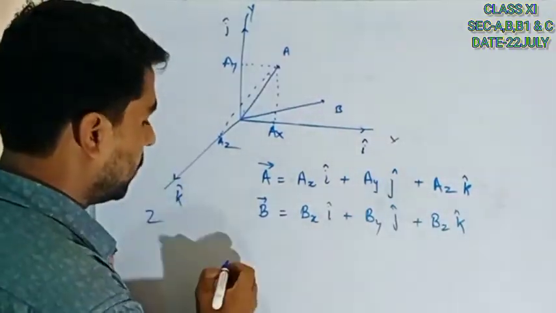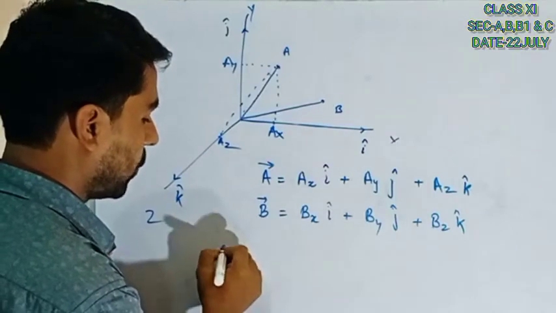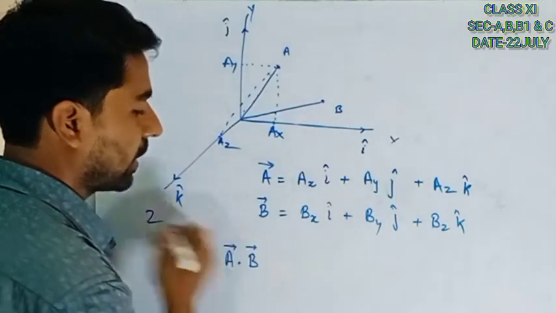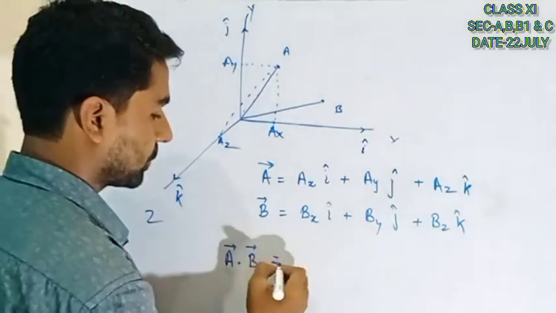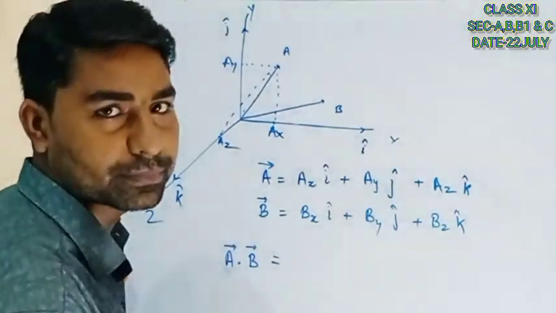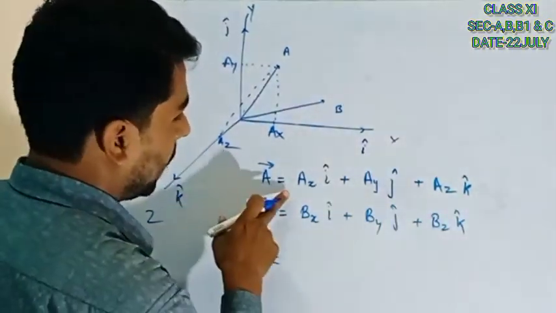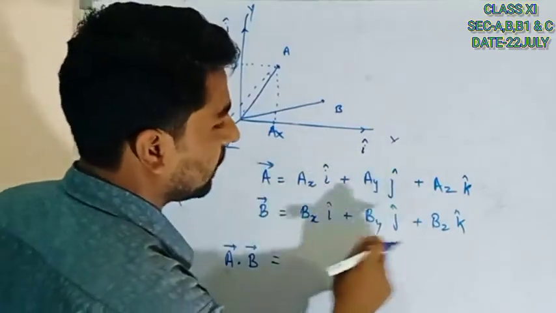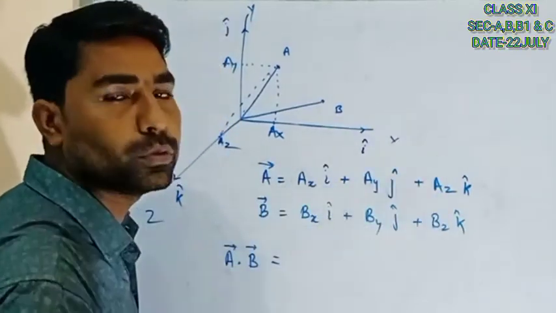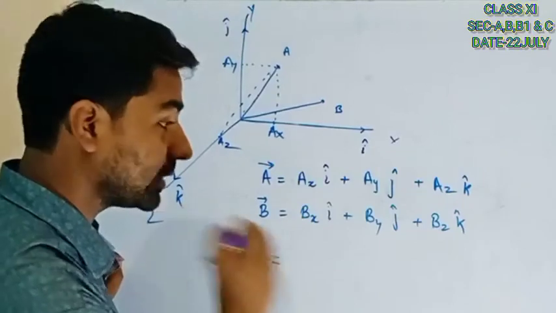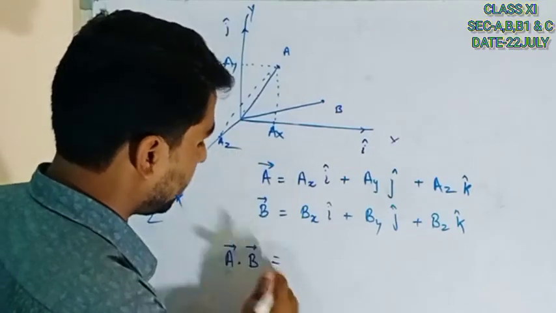So let's multiply vector A with vector B. What will come? There are 3 factors in this and 3 in this, so 3 into 3 will come to 9 factors. So see one by one: ax with bx.